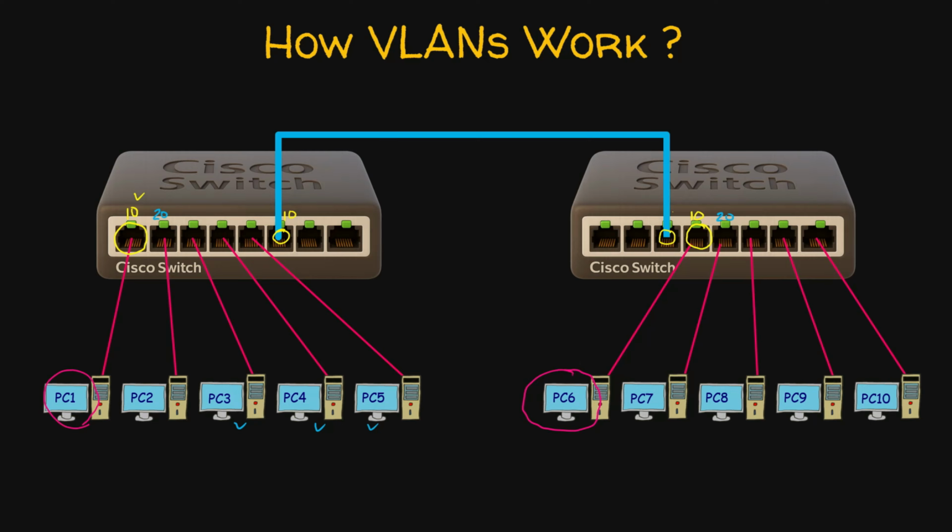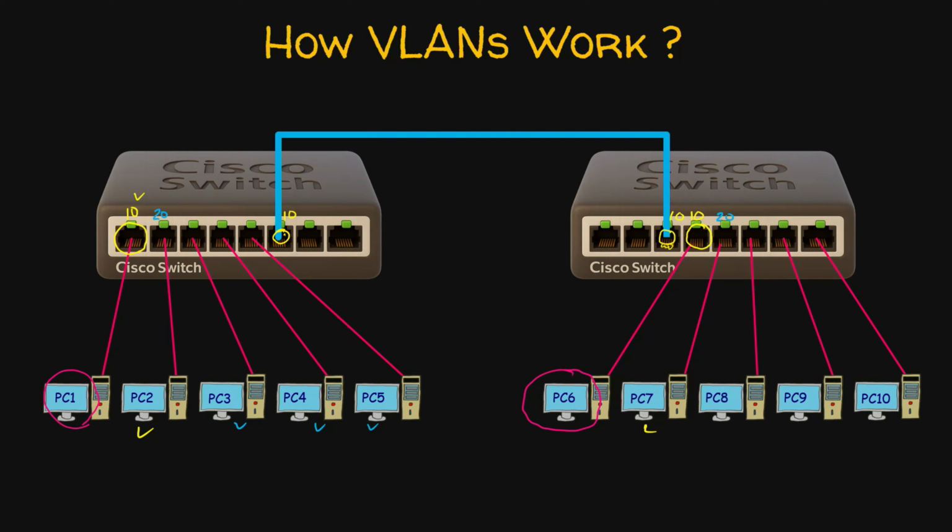So port number 1 where PC1 is connected, port number 4 where PC6 is connected, and the interfaces for the interconnection are part of the same VLAN. So they can all communicate together. By doing that, PC1 can directly communicate with PC6 because there is an interconnection between these two switches.